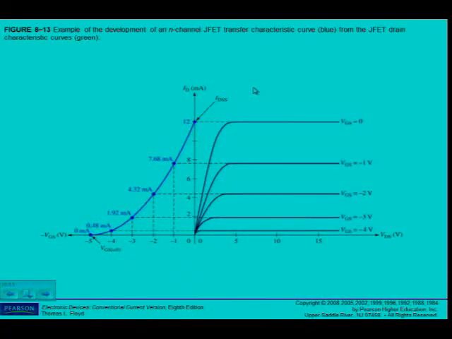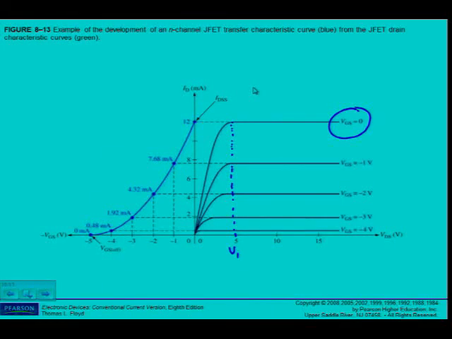Maybe it will become more clear when we look at this. We know now how to draw the family of curves for the JFET. VGS is equal to 0, we've got the ohmic region, and we know as soon as the current starts to become constant, what is that point called?